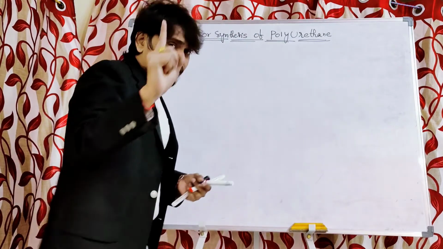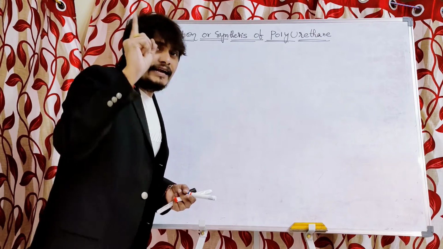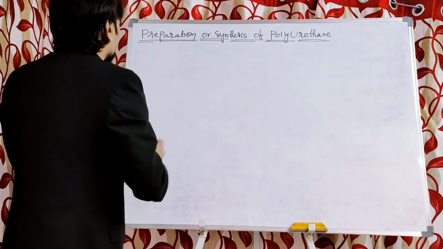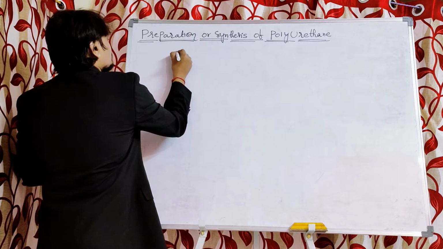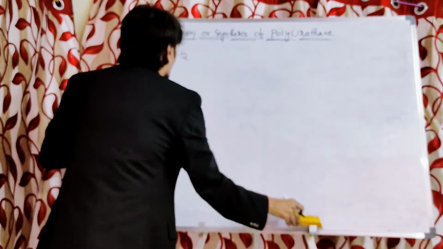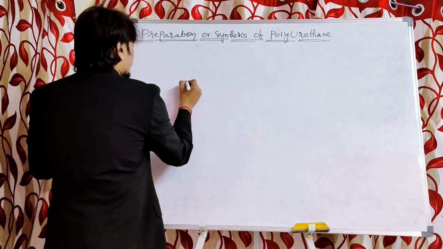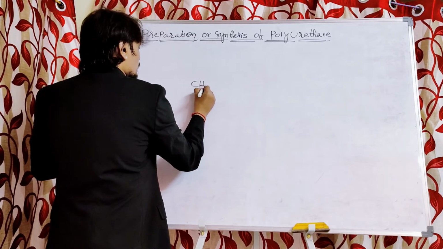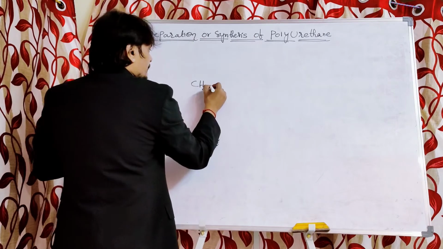Now, what is the first monomeric unit, students? Methylene diphenyl diisocyanate. Methylene. What is methylene? CH2. I will write big so that there should not be any ambiguity for you. So CH2. This is the methylene moiety.